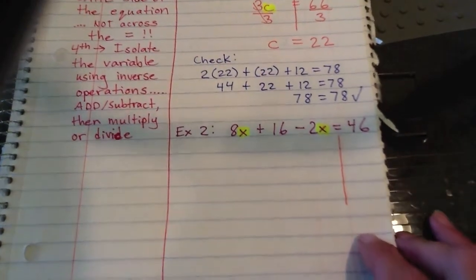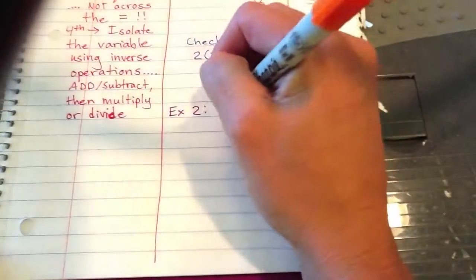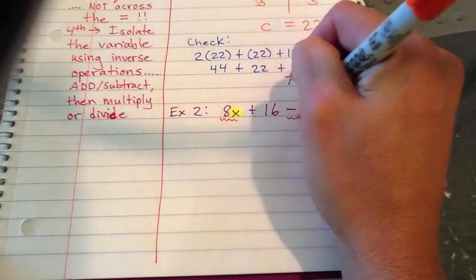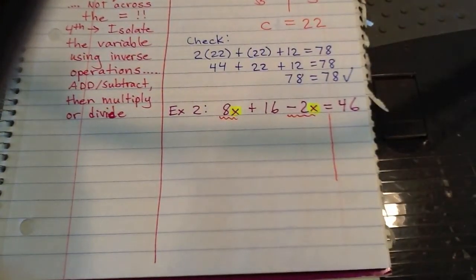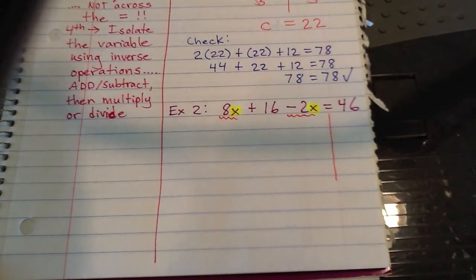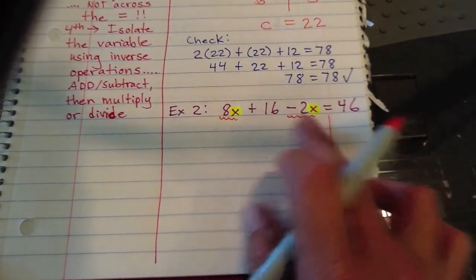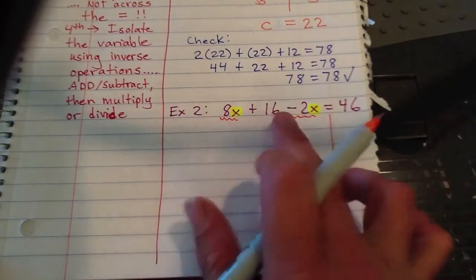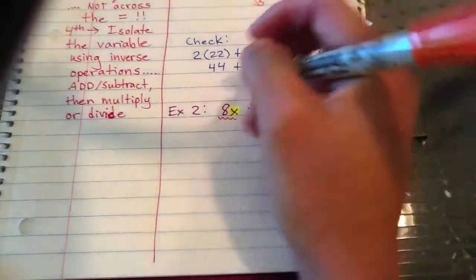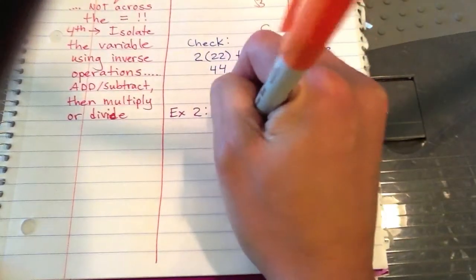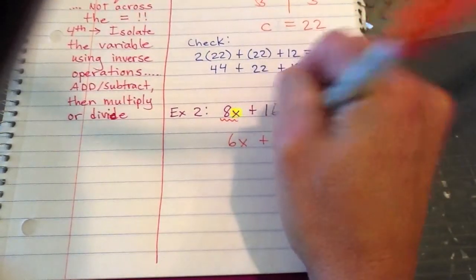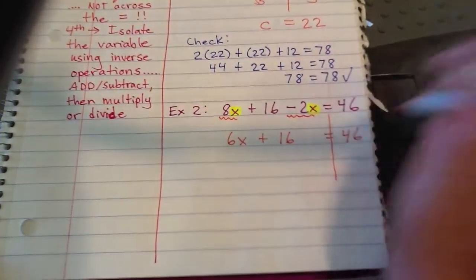So I noticed that I have the variable twice on the left. So I have like terms. I didn't have fractions, I didn't have decimals, and I didn't need to distribute. So I'm down to collecting like terms. They're on the same side, so I just combine them the way they are. It's 8x minus 2x. So you should have 6x plus 16 equals 46.